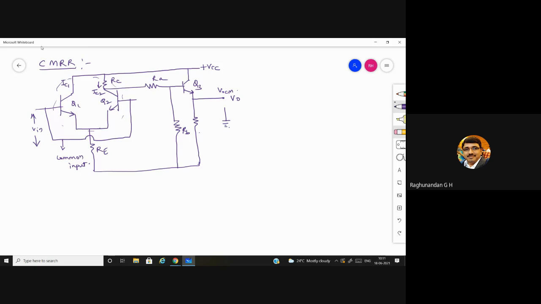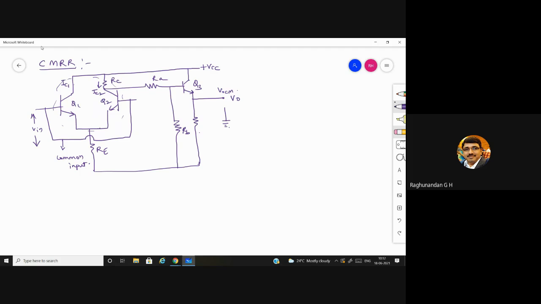When you are giving a common input to both the terminals, obviously a common noise will also be added to both the terminals. I'll repeat it again. When you are giving a common input to both the signals, you are also adding a common noise to both, because this input whatever you are giving here is taken from the same power supply. So when the power supply is having that noise, obviously both the transistors will be having that noise.